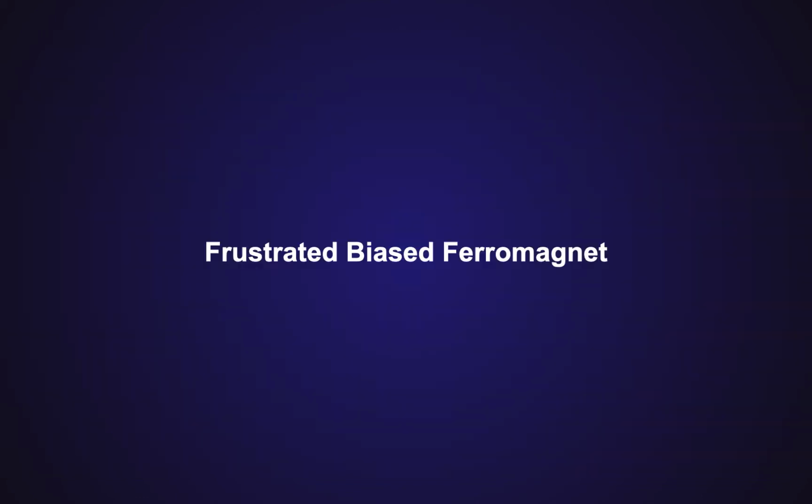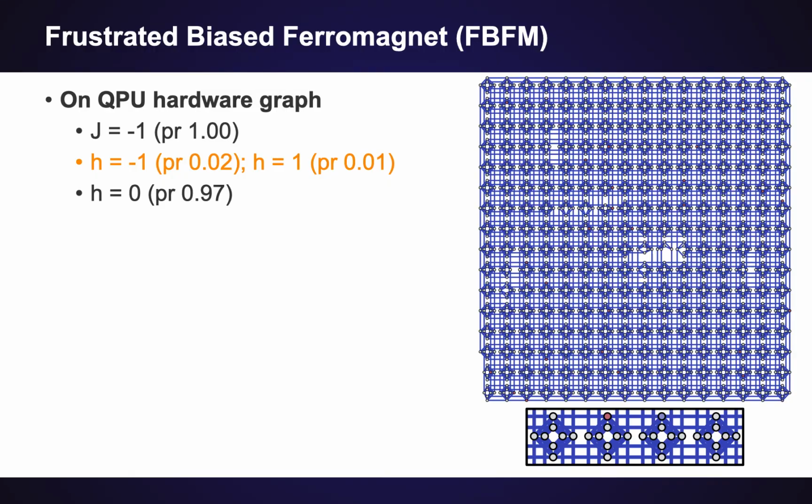So we propose this frustrated biased ferromagnet, which has the same structure, except in some cases we're going to set a local field to -1, and with a lower probability we're going to set it to 1. So if you look at the zoomed in picture in the lower right part of this slide, some of the circles are colored red and some are colored blue, and there's going to be many more blue ones, about twice as many blue ones as red ones.